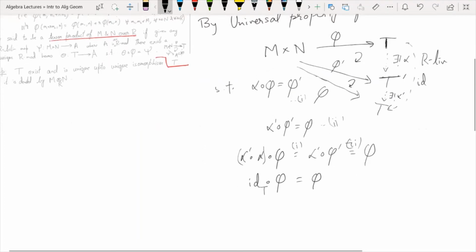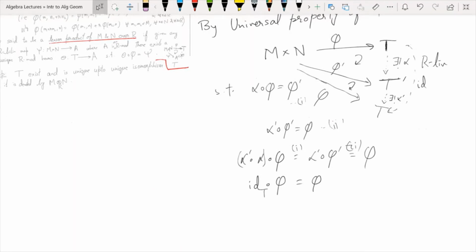So by uniqueness, remember, since T is the tensor product, there exists a unique linear map from T to T such that this diagram commutes. So by uniqueness, we get that alpha prime composed alpha is identity of T.